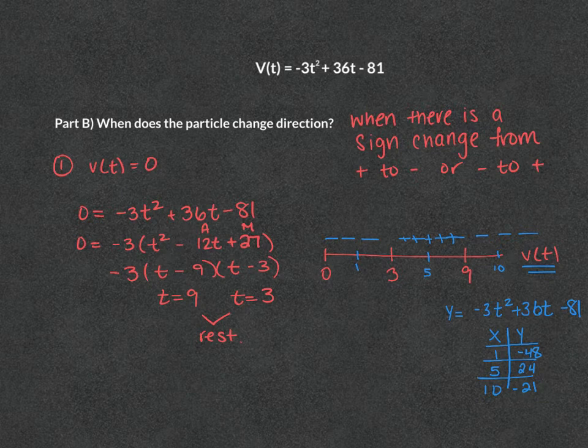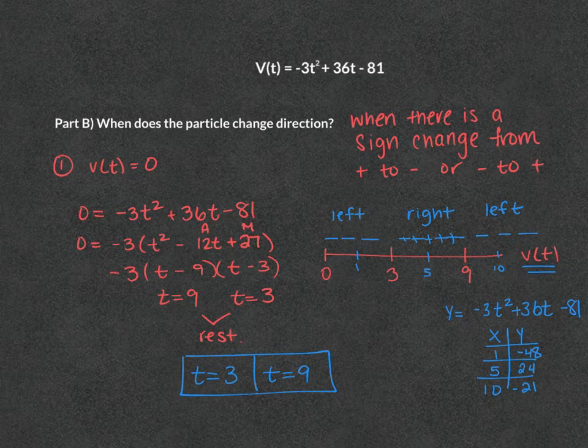So this is where the particle is moving left. This is where the particle is moving right. And this is where the particle is also moving left. So it's clear that where they're at rest is actually where they're changing direction. So we have time is equal to 3 and time is equal to 9 is where they change direction.